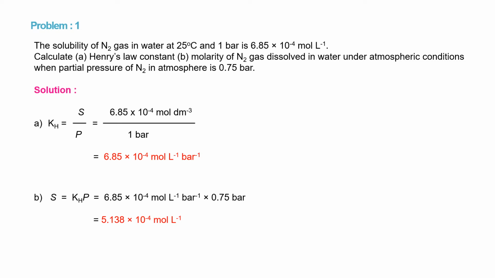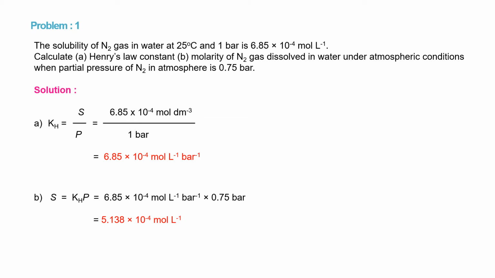Now we see the problem first. The solubility of N2 gas in water at 25 degrees Celsius and 1 bar is 6.85 into 10 raised to minus 4 mole per liter.